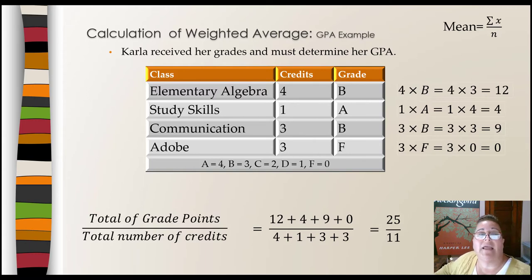Okay, now imagine for a moment, let's come over here. Let's imagine for a moment that she didn't get an F here. She got an A. Let's imagine she had done well in that Adobe class and gotten an A instead of the F. If that is what had happened, then this would have been not 3 times 0, but 3 times 4.